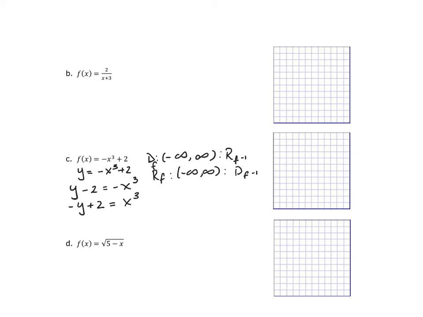Now I'm just going to take the cube root of both sides, and the cube root of negative y plus 2 is going to be equal to x. Then I do the replacement, f inverse of x, and it is at this moment, with this notation, that domains become ranges and ranges become domains. So the cube root of negative x plus 2.